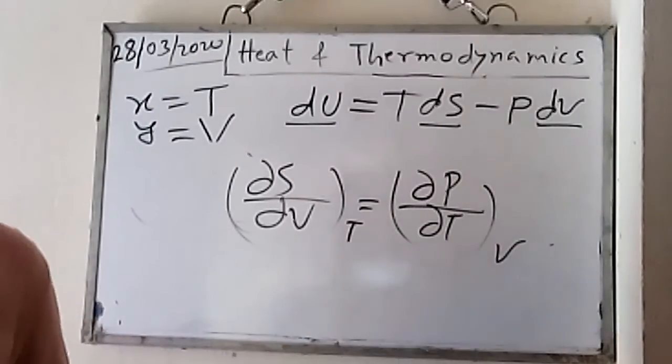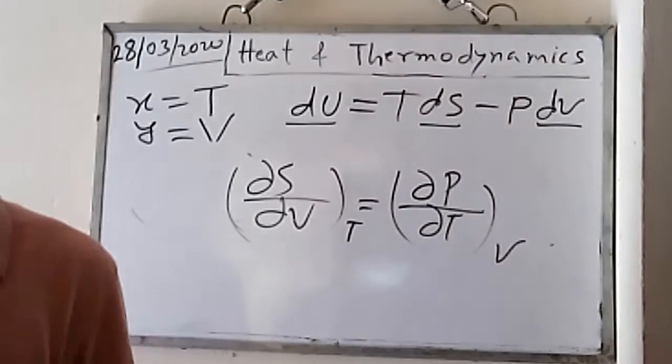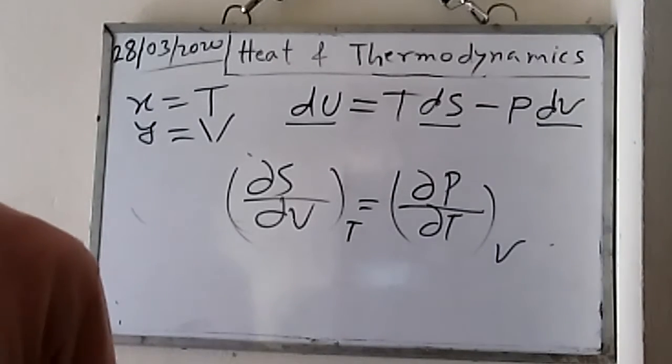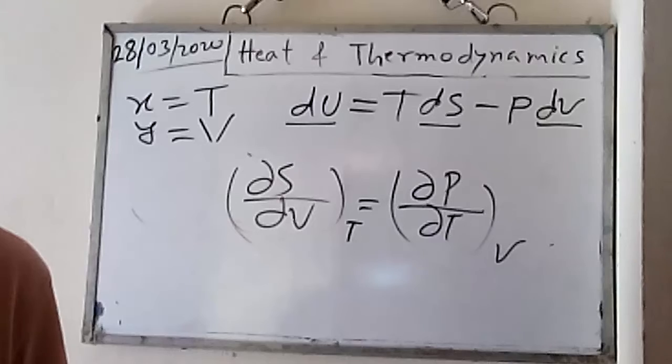Constant volume means isochoric process. So this is our required equation for Maxwell's first relation.